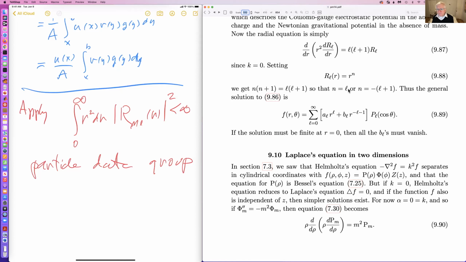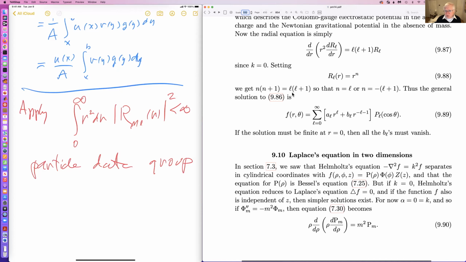And if you set r sub L equal to r to the n, you then see that, differentiating, n(n+1) is equal to L(L+1). So n has to be L or minus L plus 1. And so the general solution looks like this.